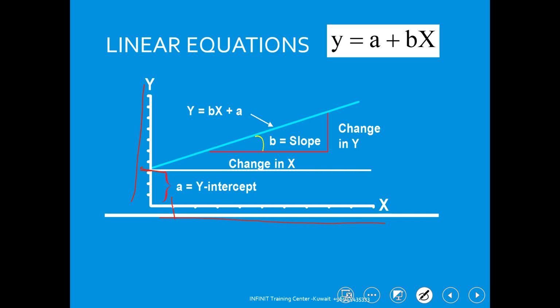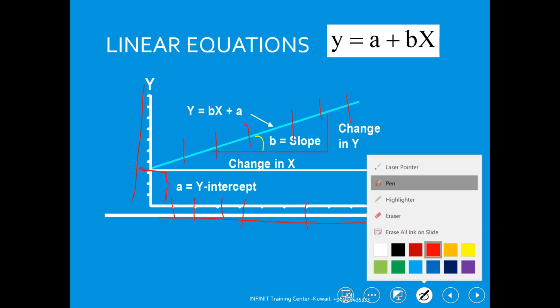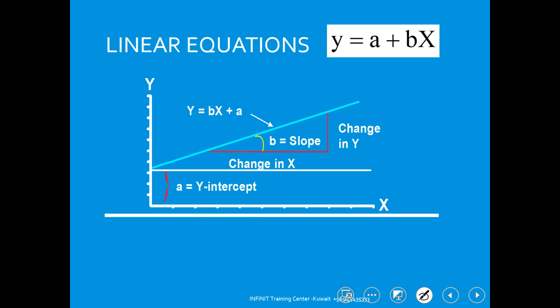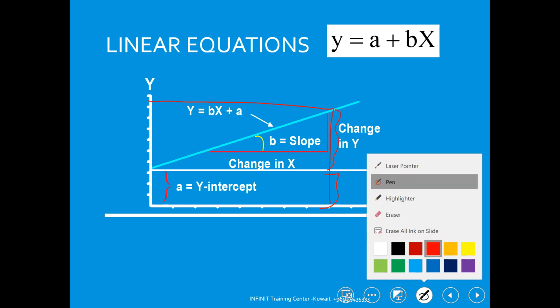Then for every unit of advertisement, your sales are increasing. You can see here sales are increasing. So you can find out when advertisement is this much, your sale is going to be this much. This is the Y-intercept, and this is the difference, or slope, we can say here.